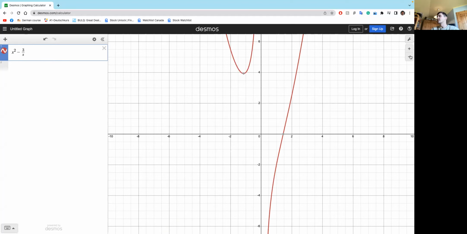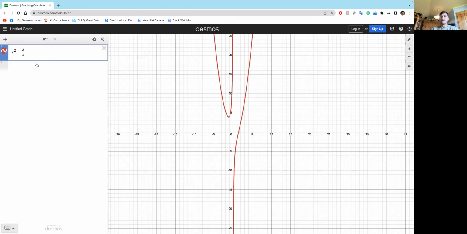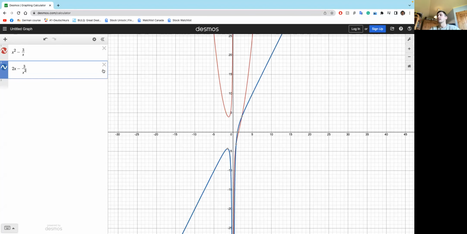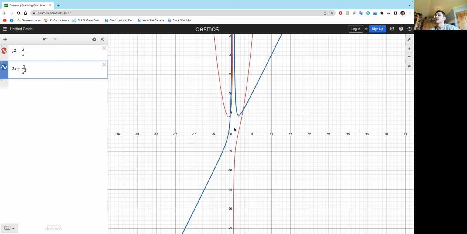All right, and so there is our original function f(x). Then our first derivative that we calculated is 2x plus 3 over x squared. Sorry, I beg your pardon, that should be plus 3 over x squared.